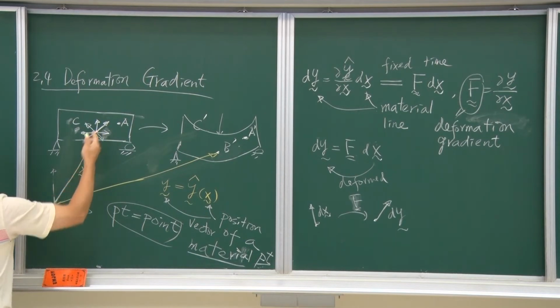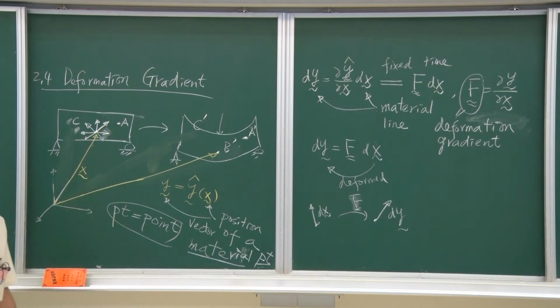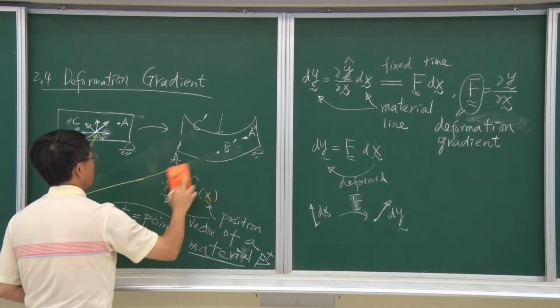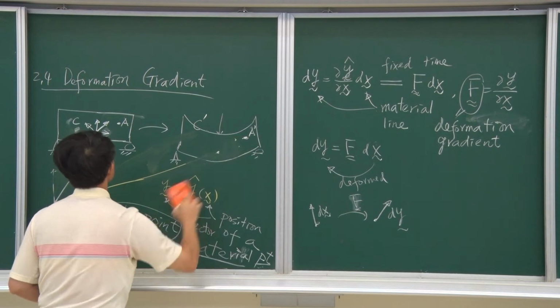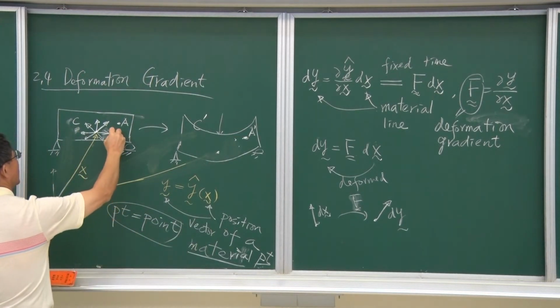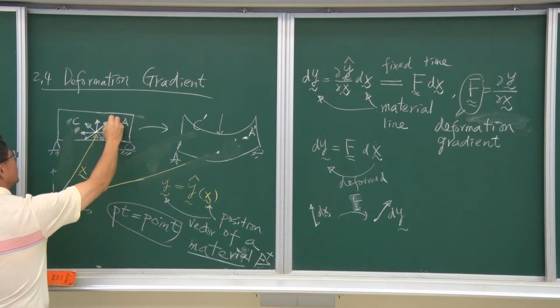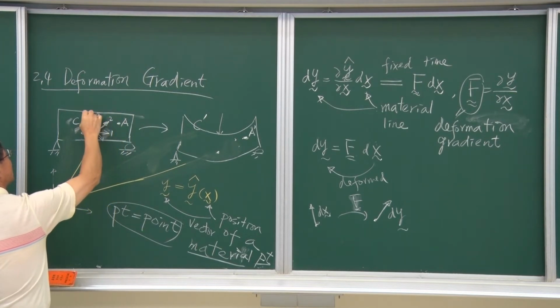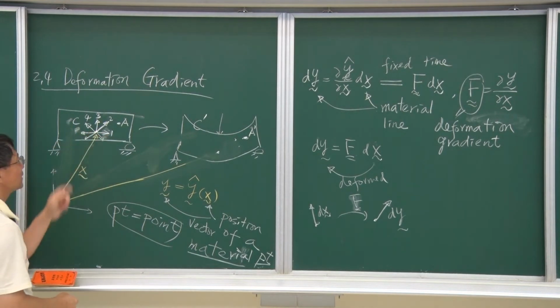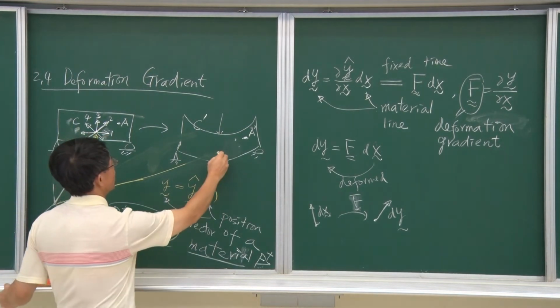See, around a point, we have infinitely many material lines, and how they deform, where they go to here. This one, 2, 3, 4, okay? This material line and this material line, where do they go?